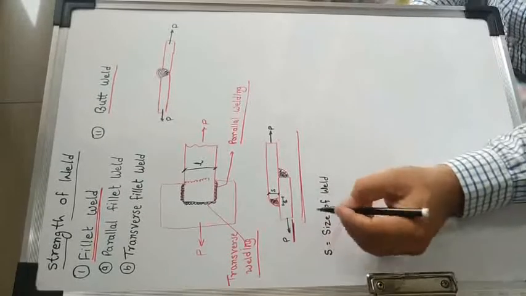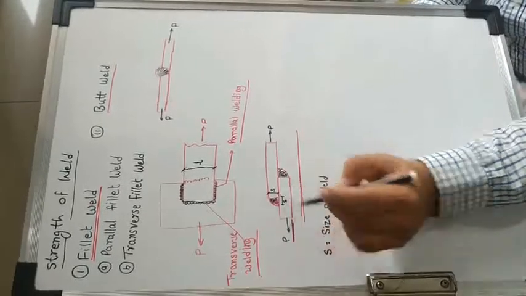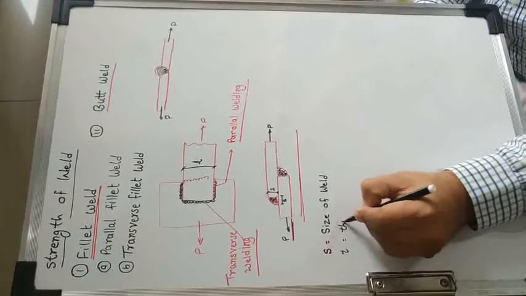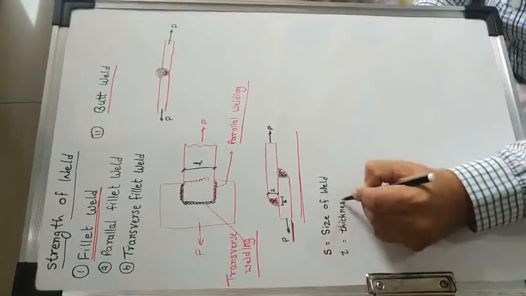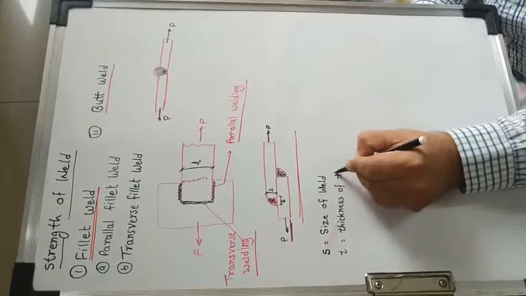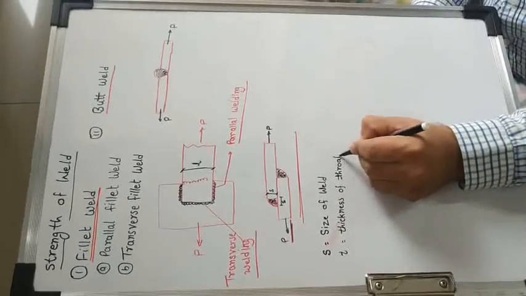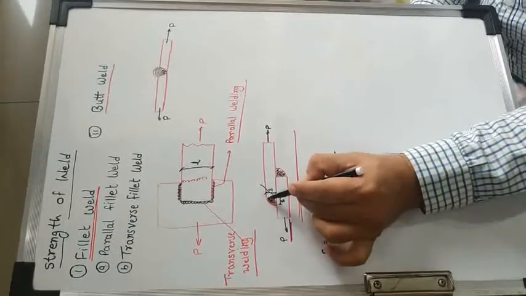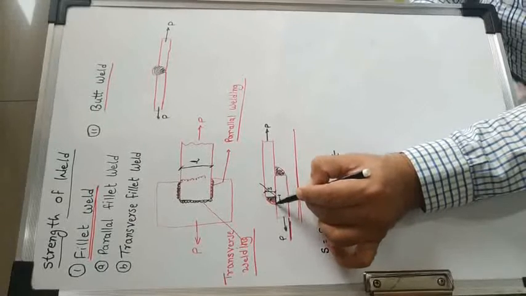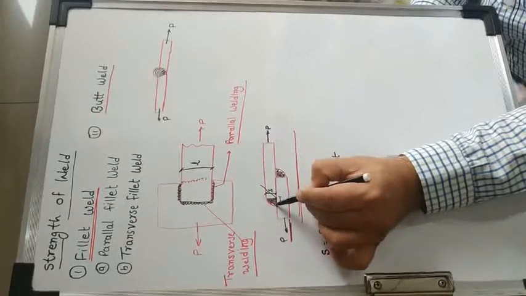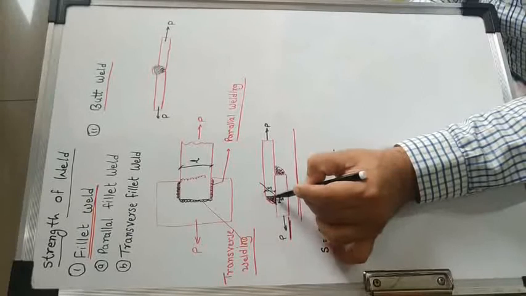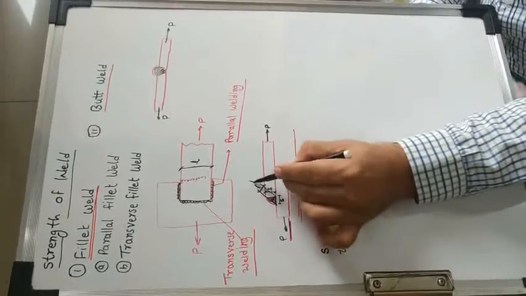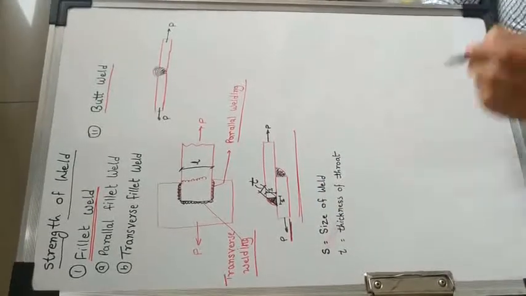Another term is T, that is thickness of throat. What is throat? Once this is the size of weld, if you connect it like a triangle, then this distance is called T, that is thickness of throat.